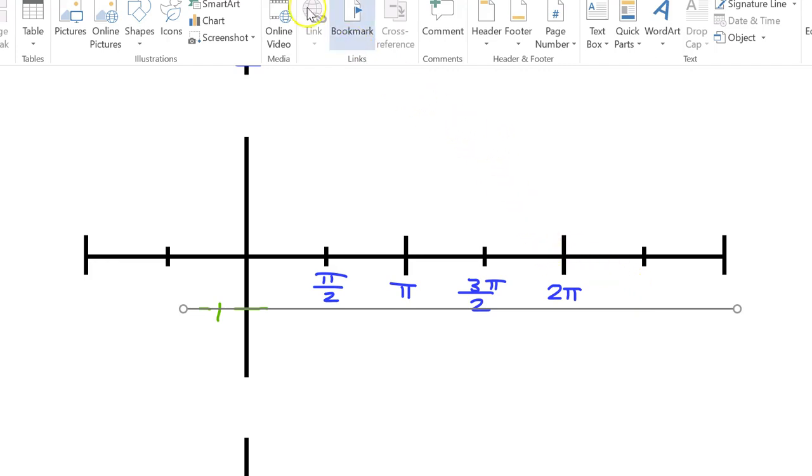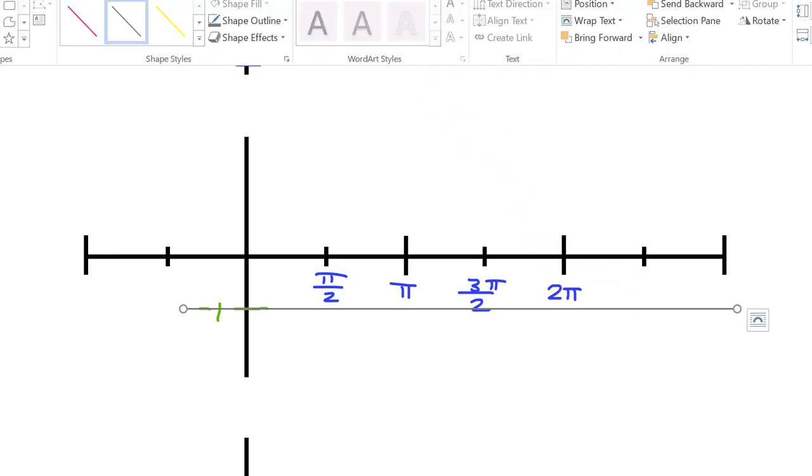Okay, I'm using a different computer than I normally do, so I'm not 100% sure how to make this. Normally I'd make this a dotted line. Maybe I'll make it a yellow line. Okay, that is my new midline.